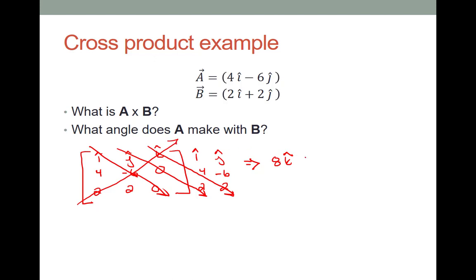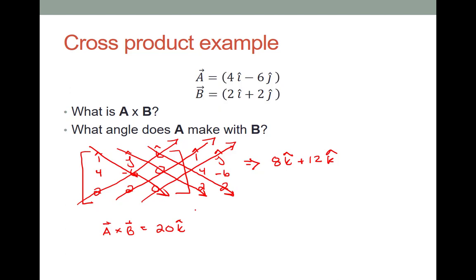But remember, when we go up, we subtract. So -12 subtracted becomes a +12 K hat. 2, 0, I hat goes to 0. 0, 4, J hat goes to 0. So A cross B equals 20 K hat. And we're done.